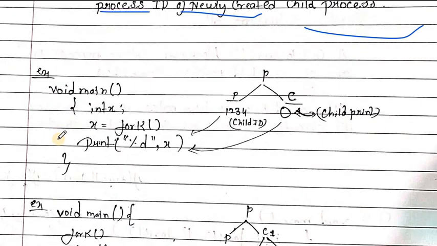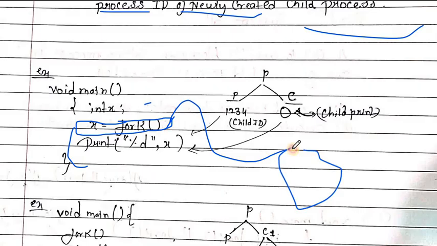Here we take an example to understand this. There is the void main function, an integer x, and a fork function. After the fork function executes, two cases occur: the parent process and a similar child process.